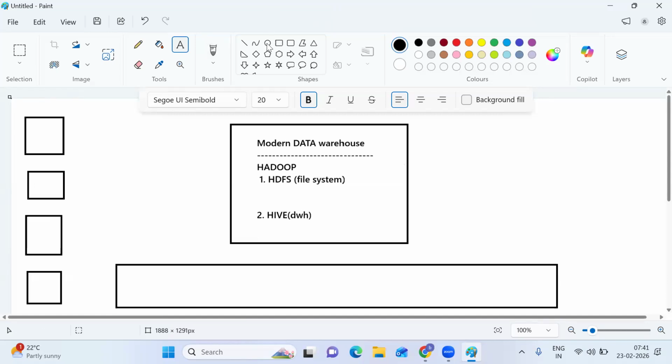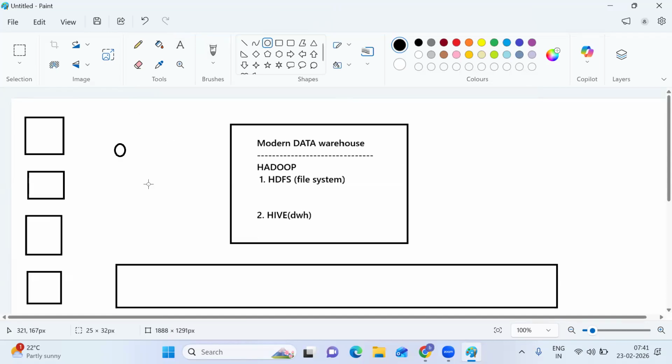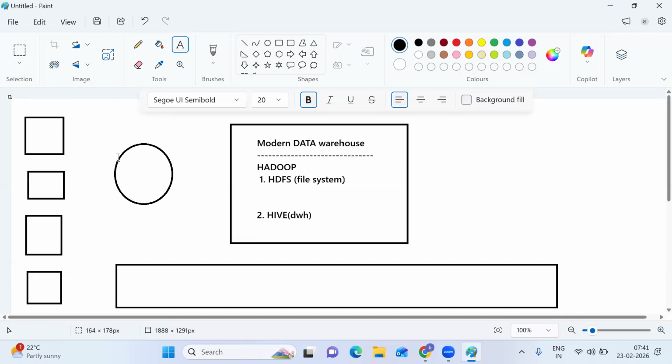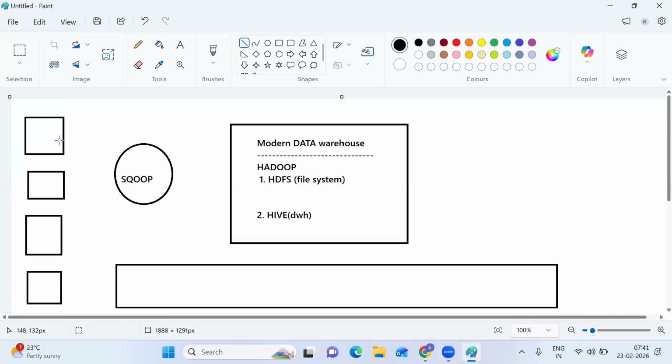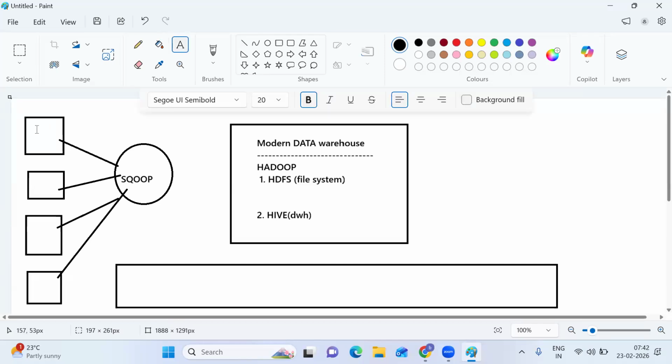But to bring the data, they have services like Sqoop, of course a very old one. Using Sqoop, they connect with source systems. Here source systems like Oracle, SQL Server. These are OLTP RDBMS databases.